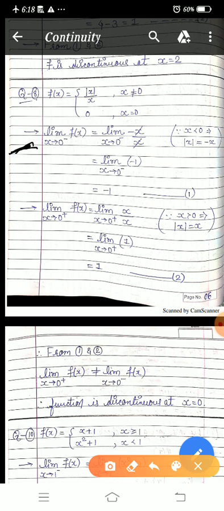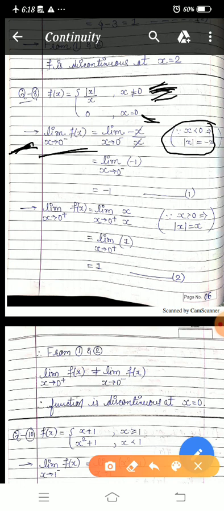Now here we can clearly see that one value is given for x is not equals to 0 and another is for x is equals to 0. So x is not equals to 0, that means x will be either greater than 0 or less than 0. So here for left hand side limit, value of x tends to 0 minus, that means value of x will be less than 0, and then we have one function which is known as modulus function that we have studied in 11th, that modulus of x becomes negative of x whenever x is less than 0.